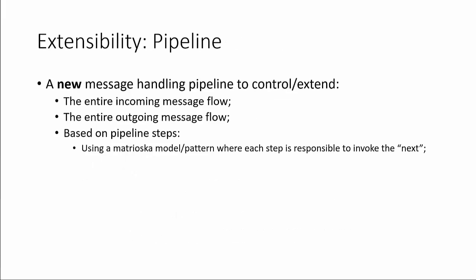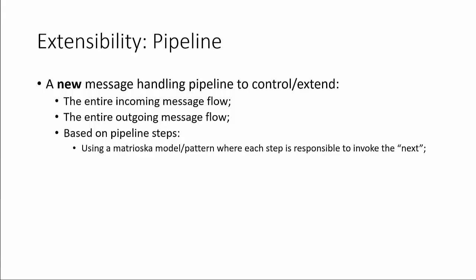And from the extensibility point of view, the extensibility model has been totally redesigned, and a new pipeline has been introduced. So we now have a message handling pipeline that we can control or extend depending on our needs.